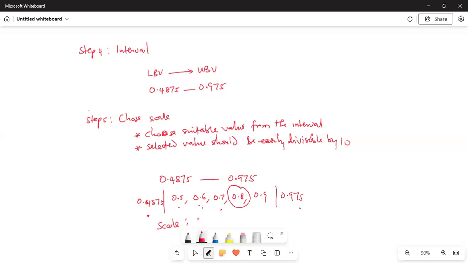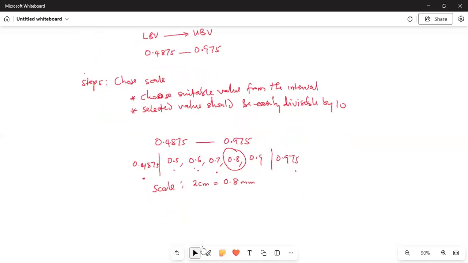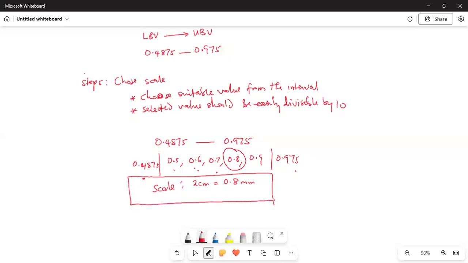So now our scale. Our scale now is that 2 centimeters is equal to 0.8. The extension is millimeters. So this is now our scale. Let me move up a bit. Like I told you, that big box, the large square is 2 centimeters.